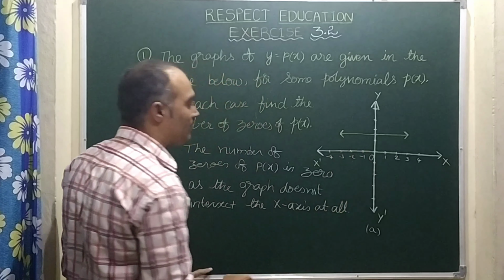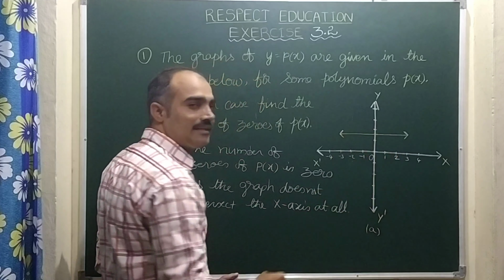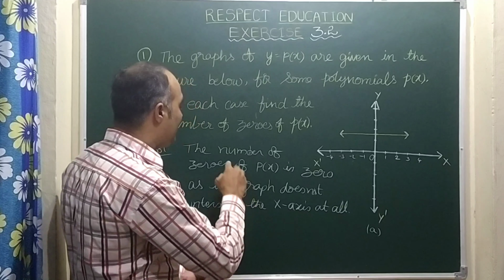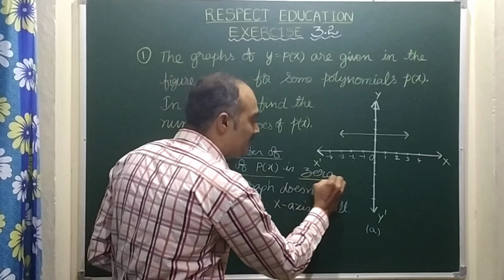Once again, the given graph does not intersect the x-axis at all. That is the reason the number of zeros of the given polynomial is 0.